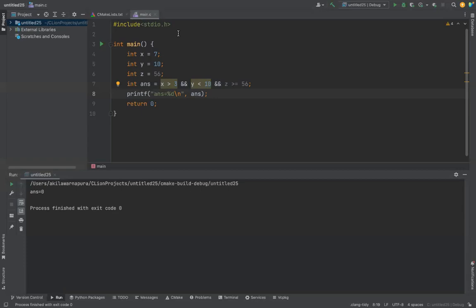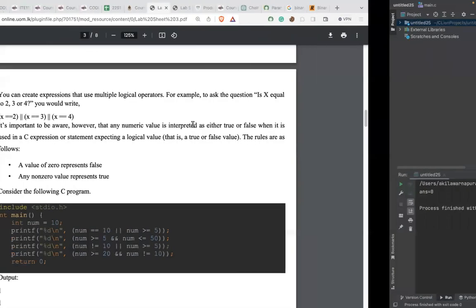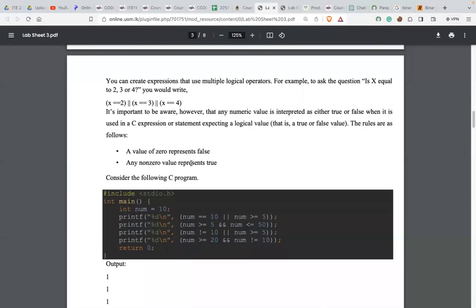But in C, we don't have true or false. We have 0 and non-zero value. Okay, 0 means false. Any non-zero value is true. Okay, now I think you got the answer. Any questions? Shall we move to the next part?